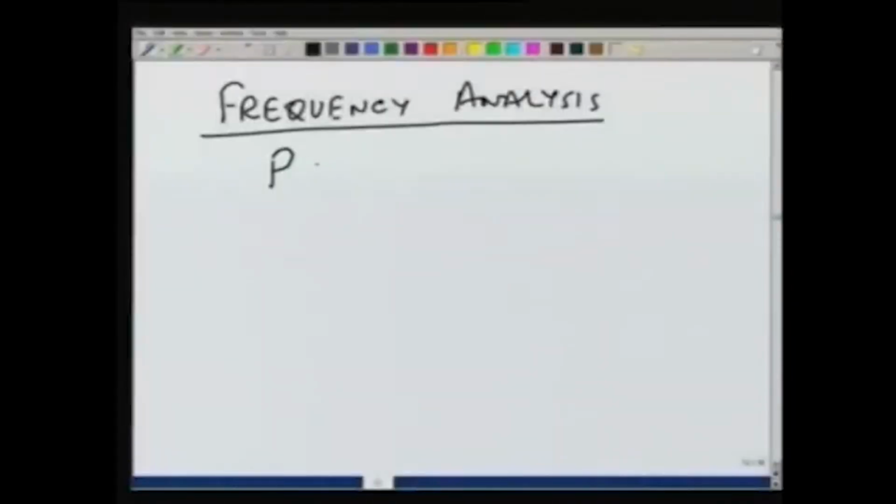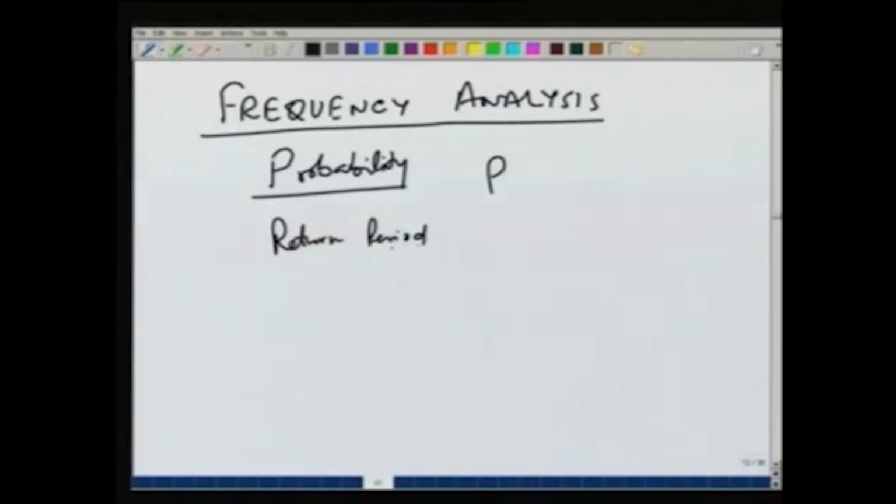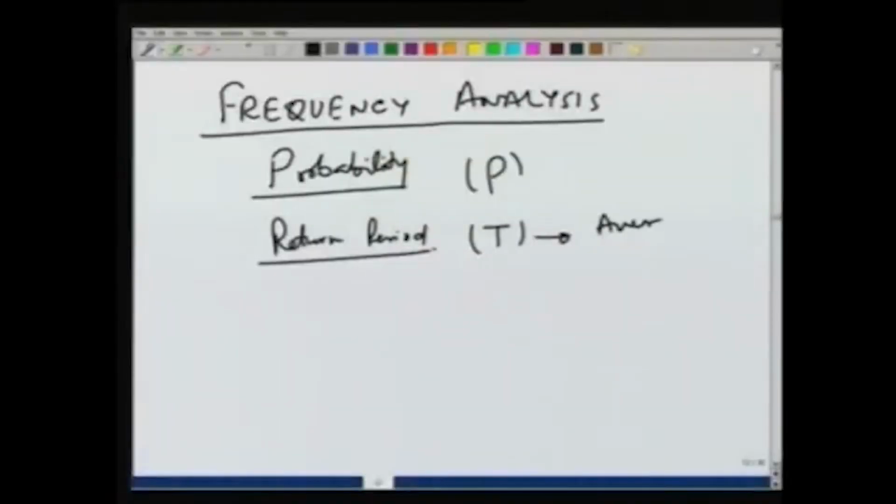So, in the frequency analysis we use the probability concept and the return period concept, which we typically call T. This is, on an average, the time period between two events.